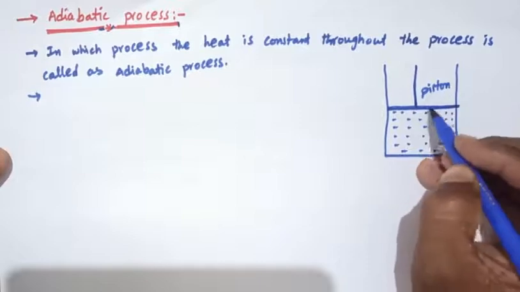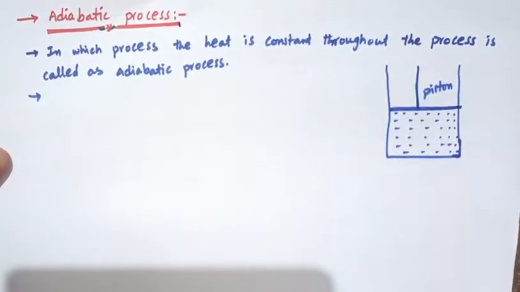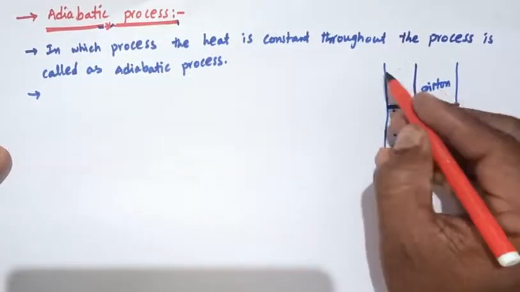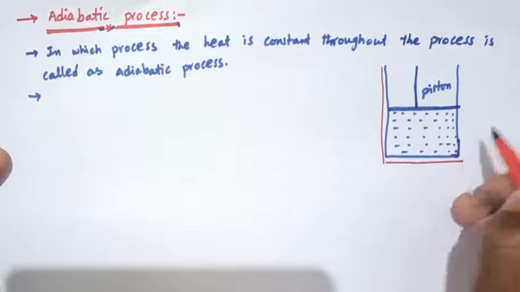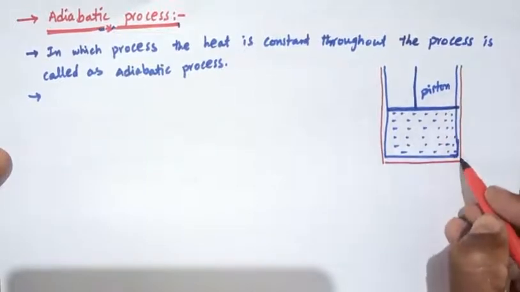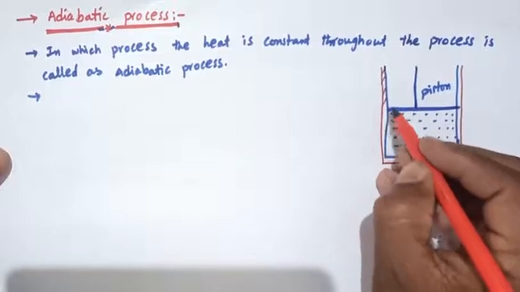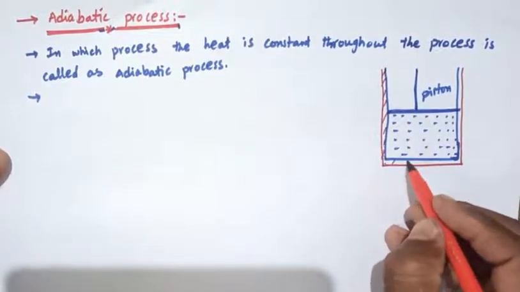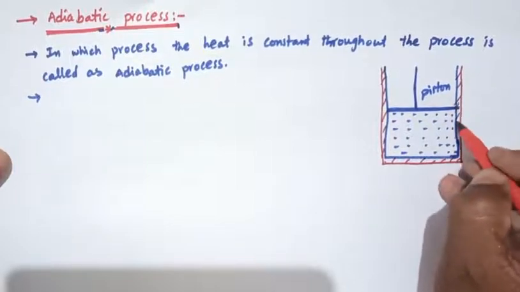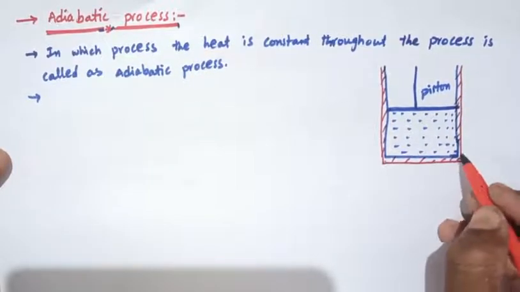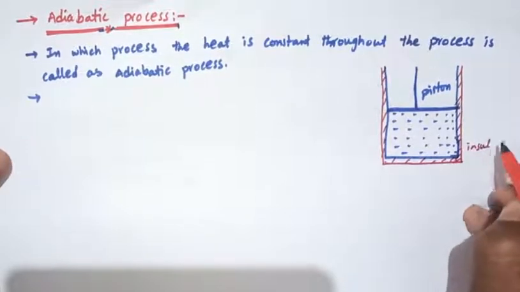This piston moves in the upward and downward direction. It is an insulated wall.